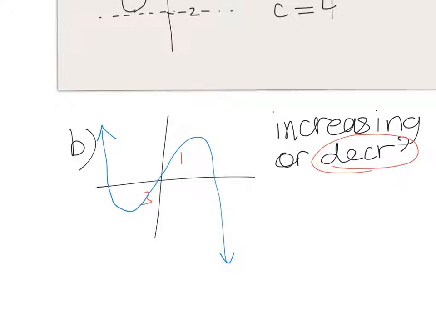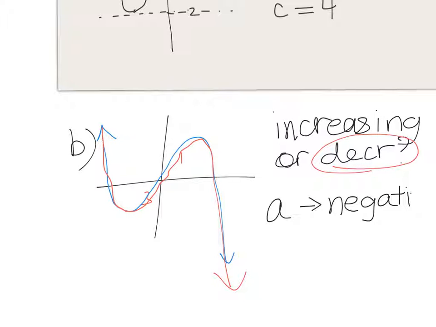But the way you tell is you start on the left, and you just see what your pen does. So it goes down, it goes up for a bit, but it goes down again. In the end, it's going down. That means it's decreasing. This is a decreasing function, which again means that our a has to be negative. Okay, that's what makes an equation decreasing, if that a value is negative. So if a is negative, it's decreasing.